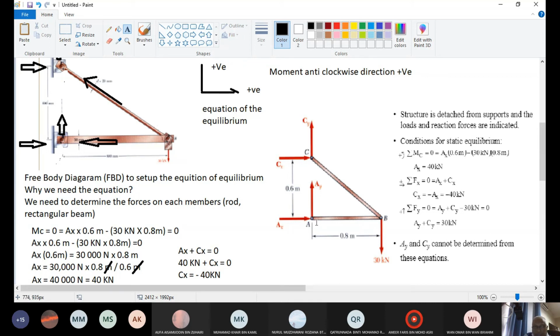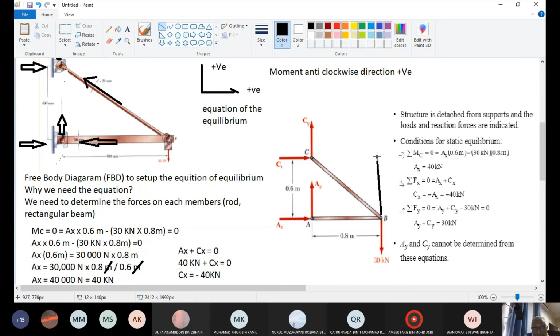And then another thing that we need to do to solve the problem, we also take the moment. We take the moment at C. The moment is forces acting 90 degrees to the point. So at C we have 30. We can draw something here for you to understand.